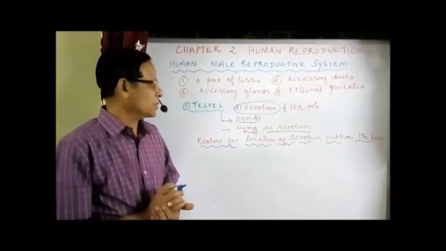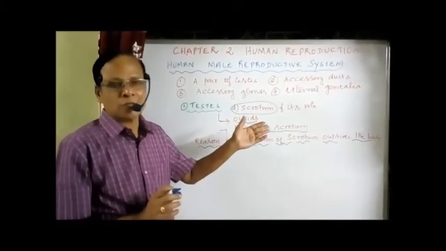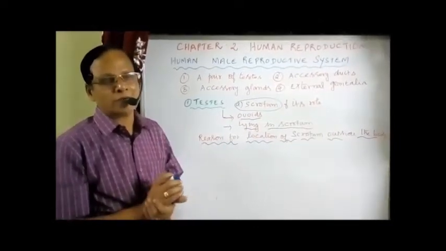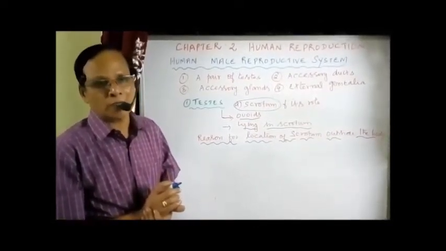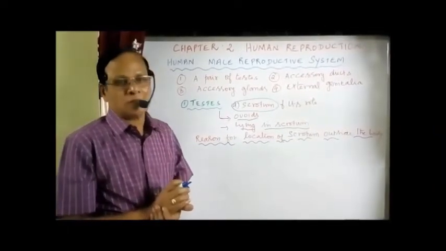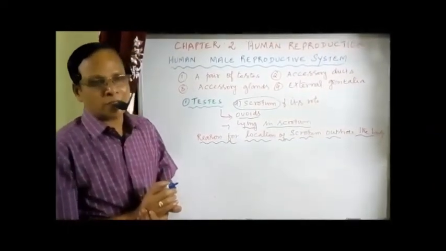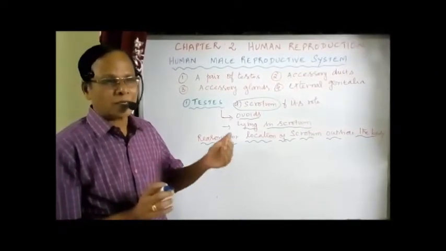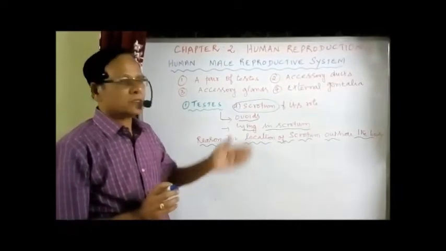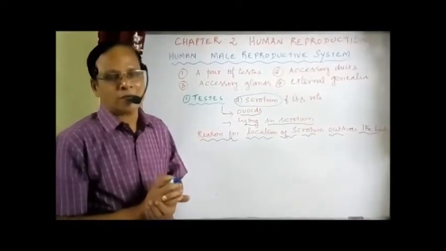But in some mammals, the testes are located inside the body cavity. For example, in the whale, the elephant, and the echidna, one of the egg-laying mammals, the testes are located inside the abdominal cavity.